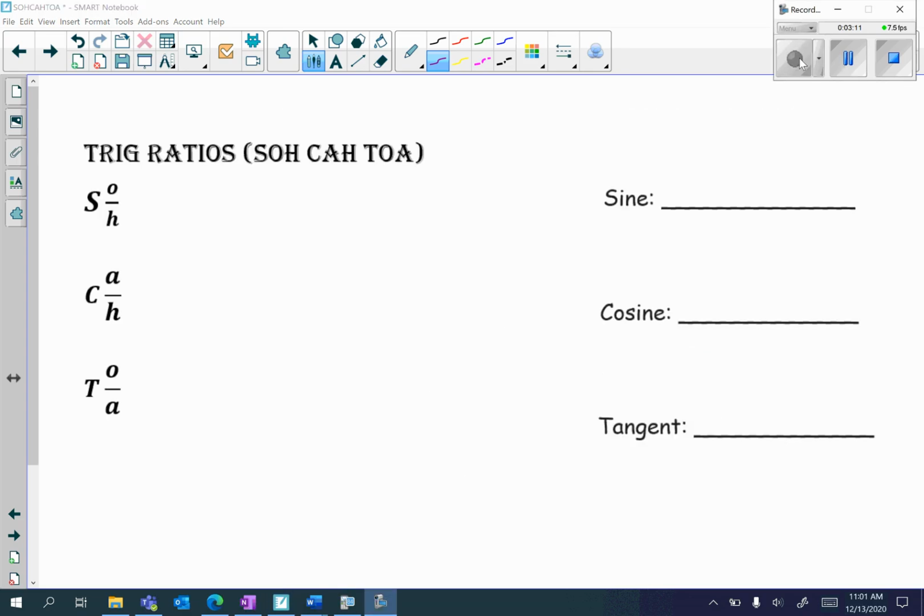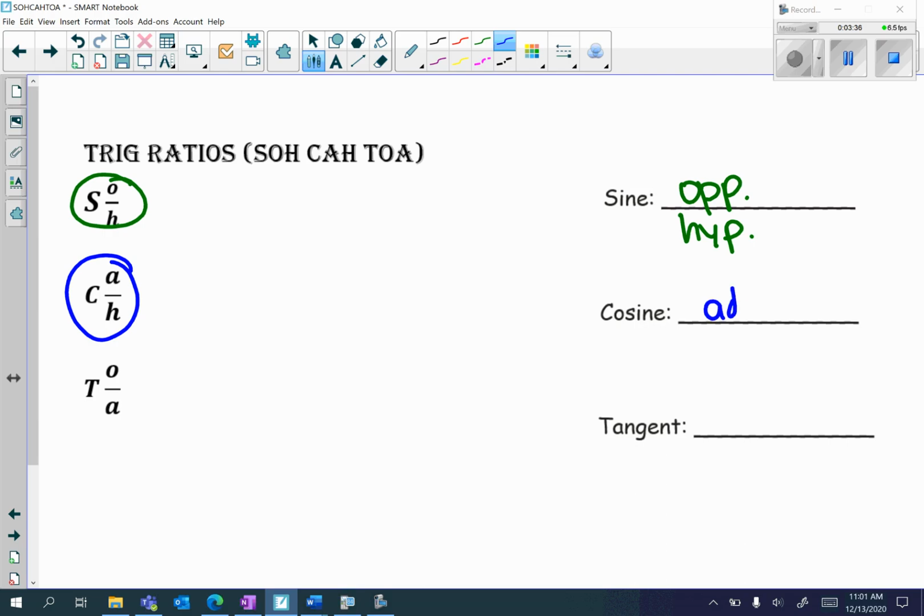Next, we are going to discuss trig ratios, and we're going to use the acronym SOHCAHTOA. What this means is sine is a trig function, and the acronym we use is SOH, opposite over hypotenuse. The next trig function we use is cosine, and that's represented by CAH, adjacent over hypotenuse.